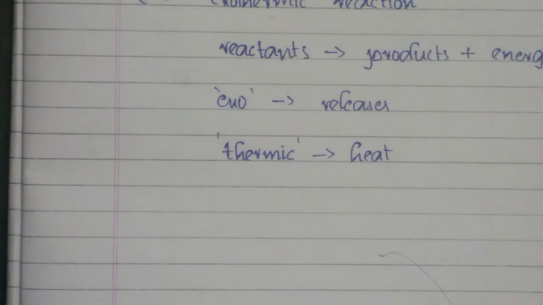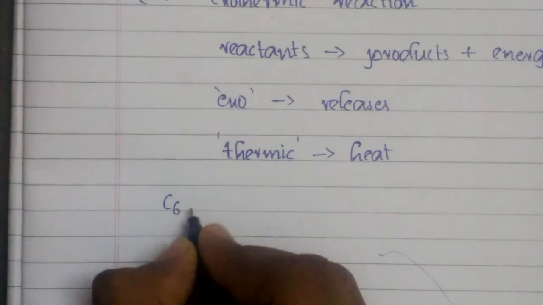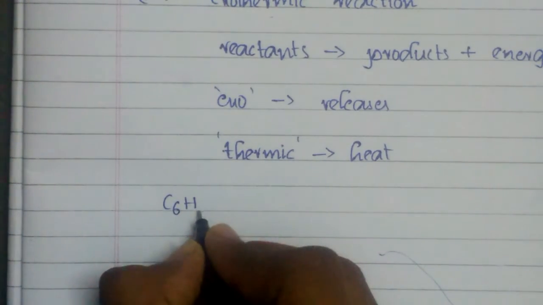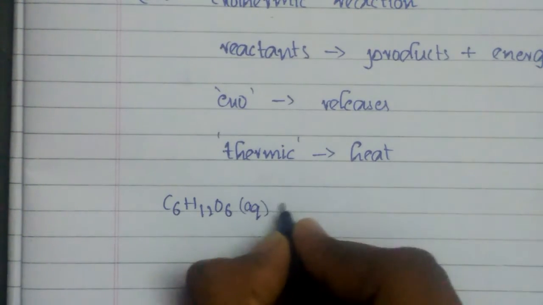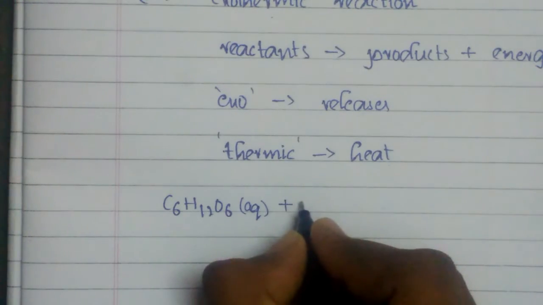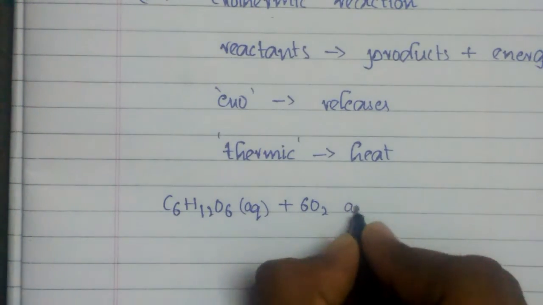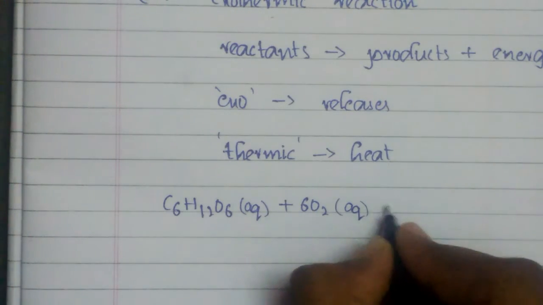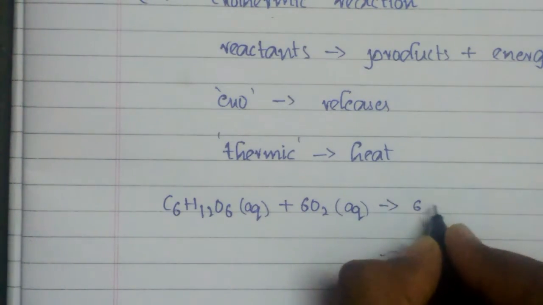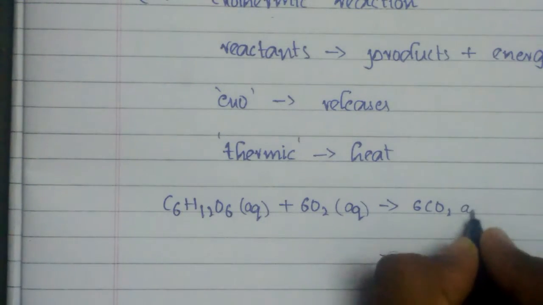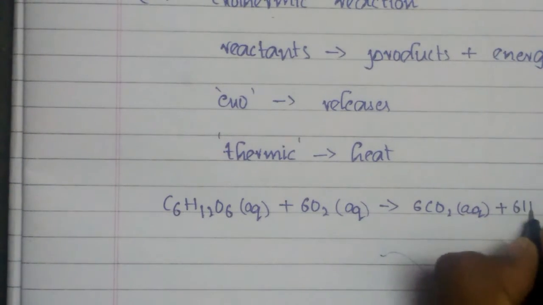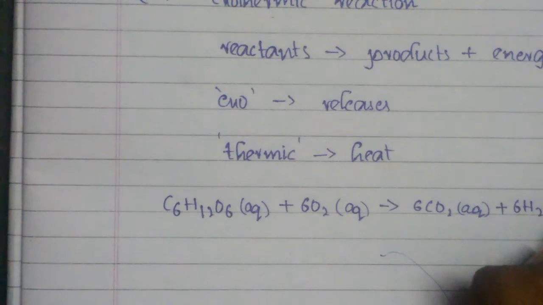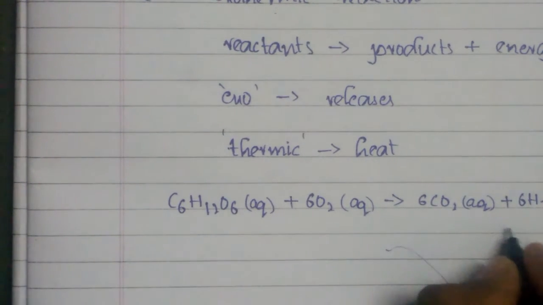An example of an exothermic reaction is C6H12O6 (glucose, aqueous) plus 6O2 (aqueous) gives 6CO2 (aqueous) plus 6H2O (liquid) plus energy.